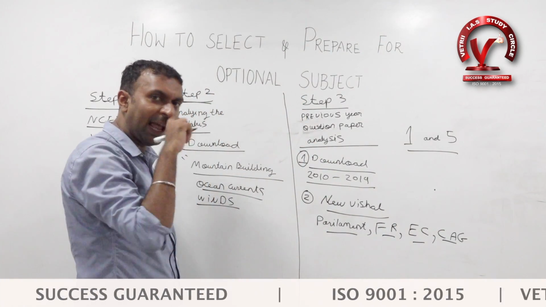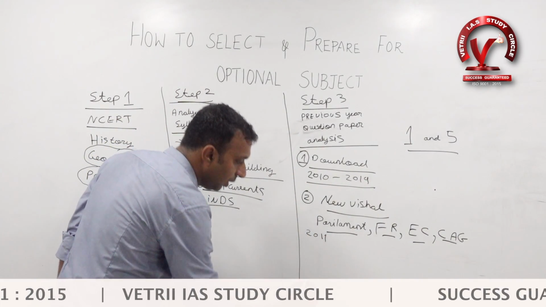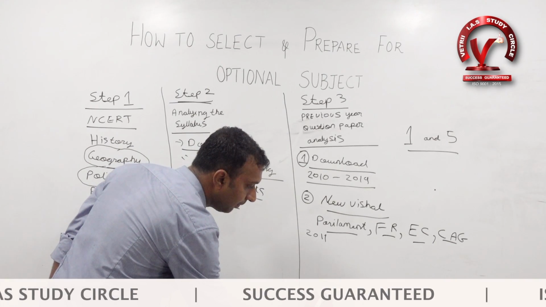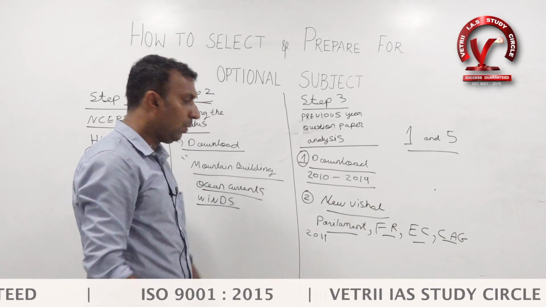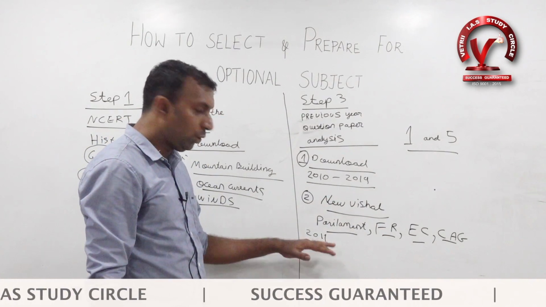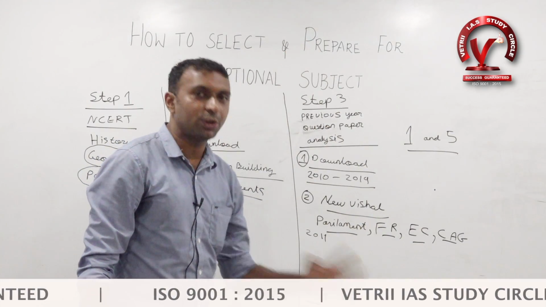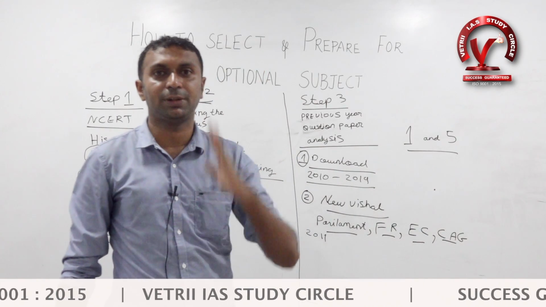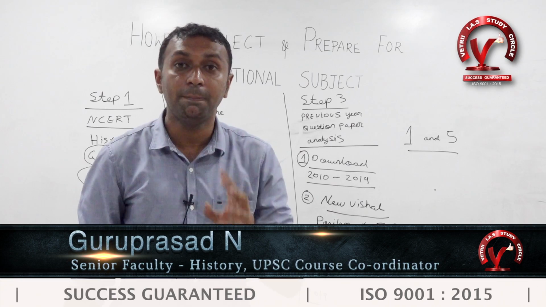In Parliament, assume from 2011 to 2019, they have given a subheading called Parliament. Once you open the Parliament page in New Vishal, from 2011 to 2019 they will give you the list of questions asked in public administration from Parliament.